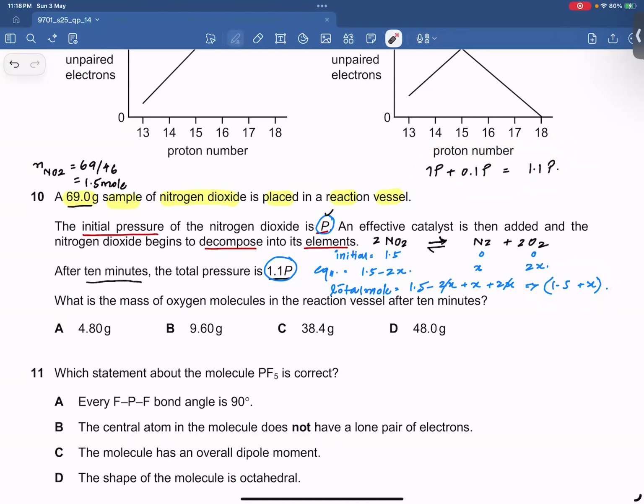Let's equate them. Let me change the color of this.